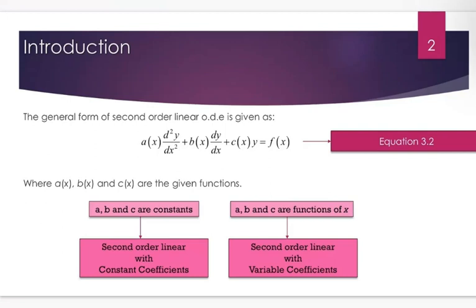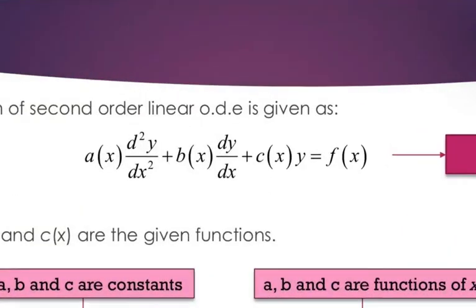So the general form of a second order linear ordinary differential equation is given as this equation. In this equation, as you can see, we have a second order derivative. And don't forget, we also have the first order derivative. For the coefficient of the second order, we have a(x). Coefficient of first order, we have b(x).